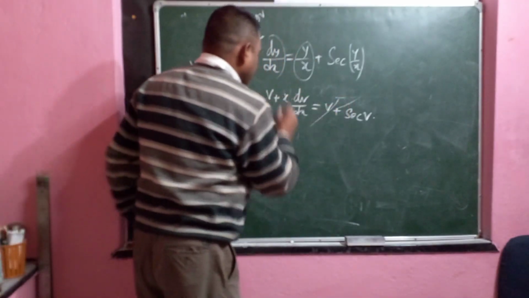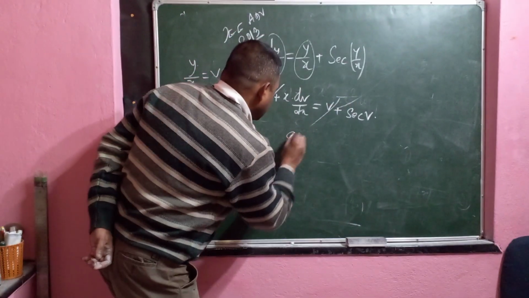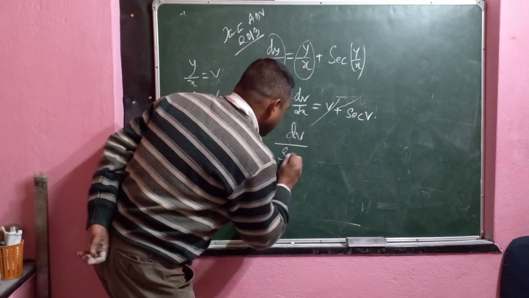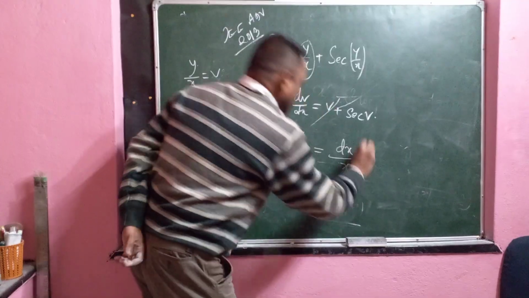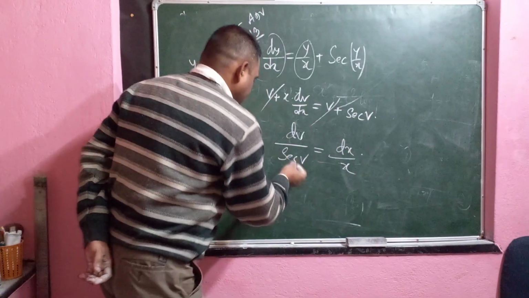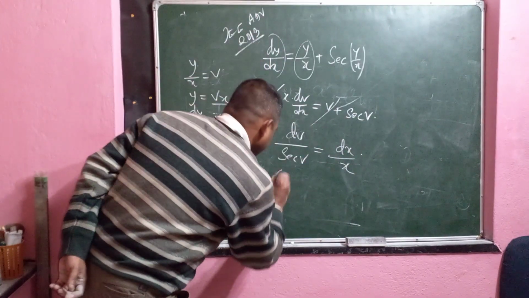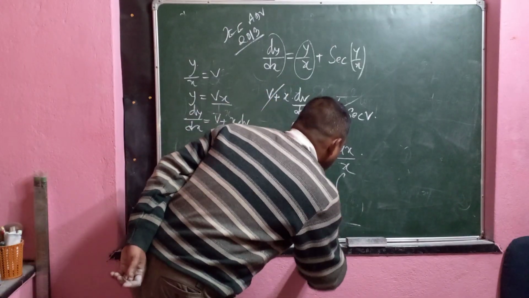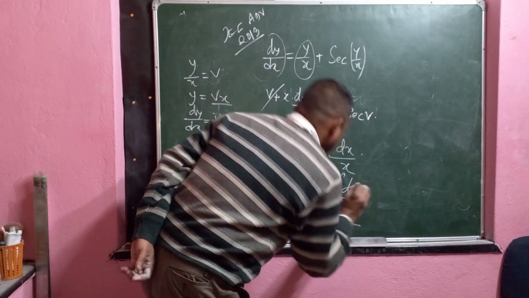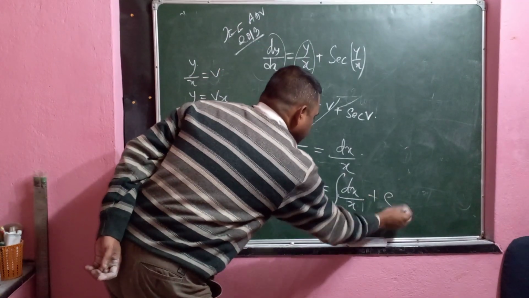So v cancels out. Now dv by sec v is equal to dx by x, variable separable. Now 1/sec v means cos v. Integration of cos v dv is equal to integration of dx by x plus a constant of integration.